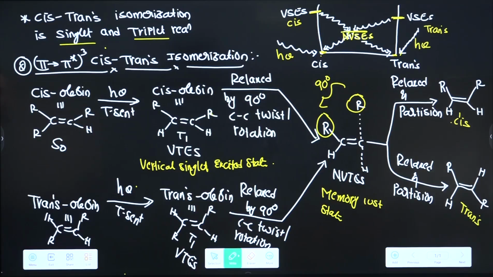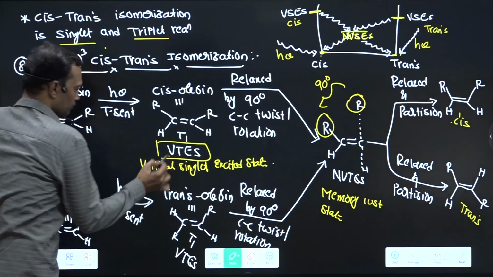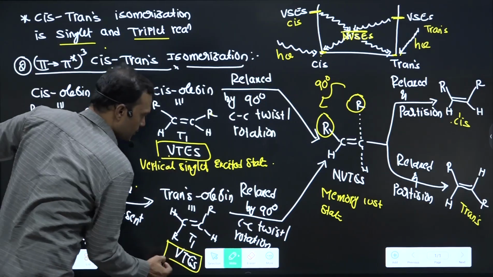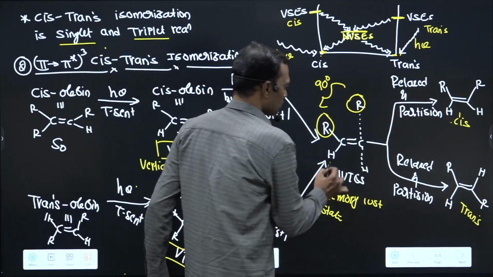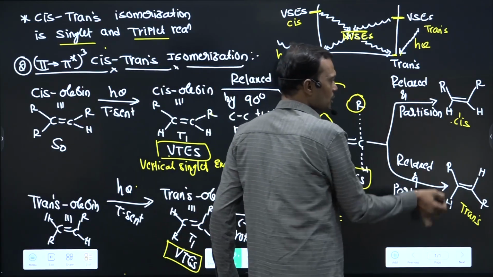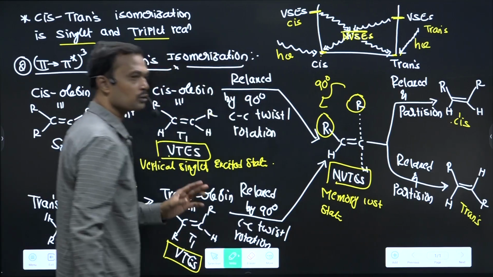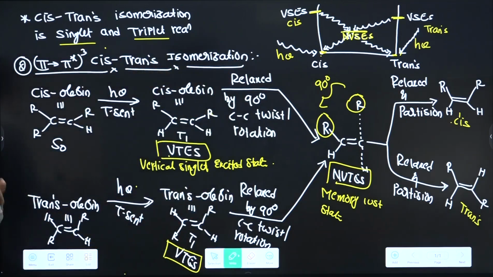Memory loss state. So in place of singlet, write down triplet. Then you write this: vertical triplet excited state, non-vertical triplet excited state, both are the same, and the partitions are almost all the same. What I would like to say is that by replacing the singlet state with the triplet state, your answer remains the same.